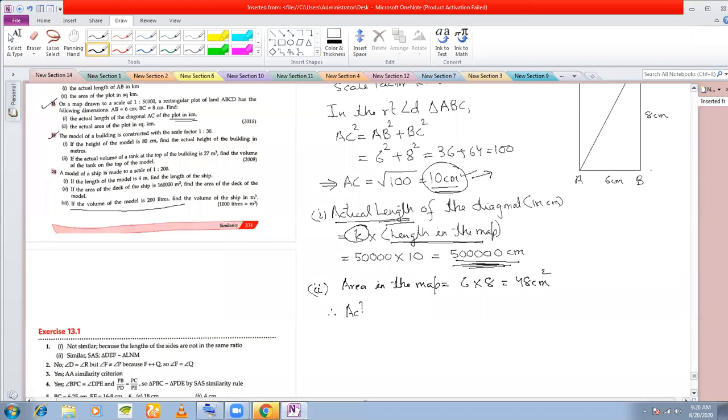Therefore, the actual area of the rectangular plot is equal to the square of the scale factor into the area in the model or area in the map.